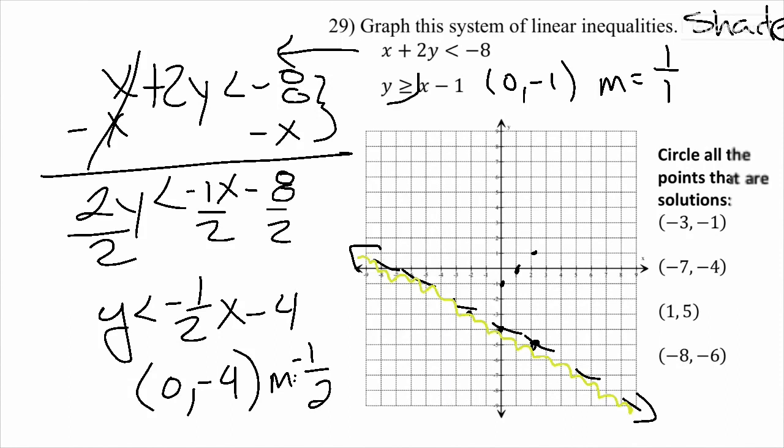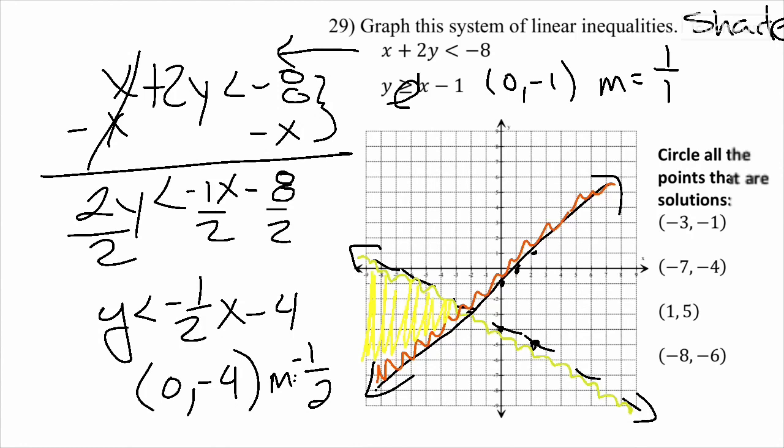It has the equal to part, so it's going to be a nice solid line. And then this one is greater than, so I'm going to shade above the line, and there's my crocodile teeth. And then my crocodile teeth mix together to make yellow, and they come in yellow right here. That's where both of them are. And that's the answer.